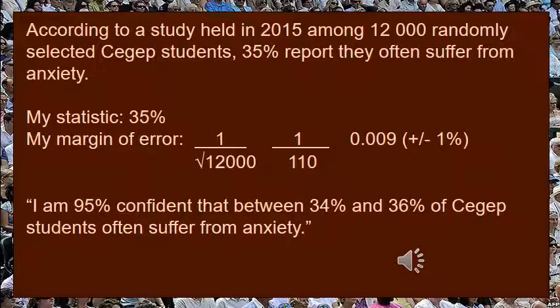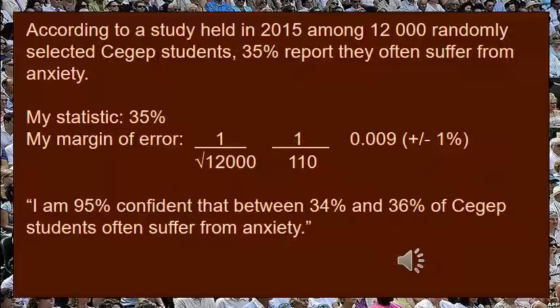We'll do a last example here. According to a study held 5 years ago among a pretty big sample of 12,000 randomly selected Cégep students, there's a result here. 35% of them in the sample report they often suffer from anxiety.